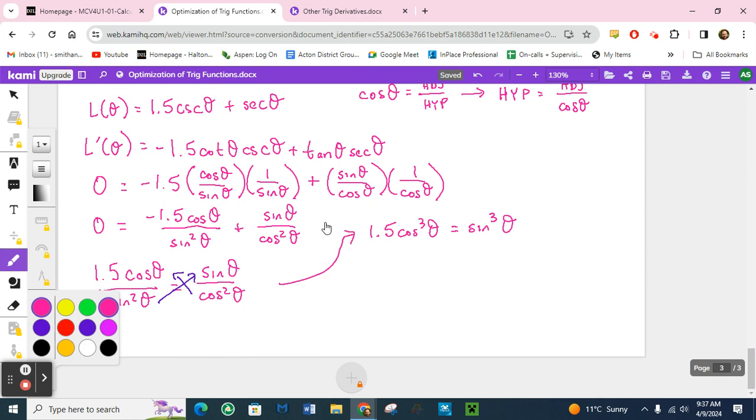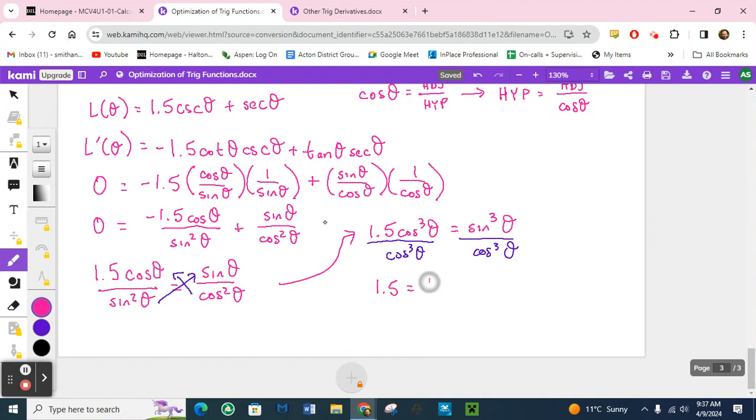We can do that here. If we divide everything by cosine cubed, we get that 1.5 is equal to tan cubed of theta, which means tan theta is just the cube root of 1.5.